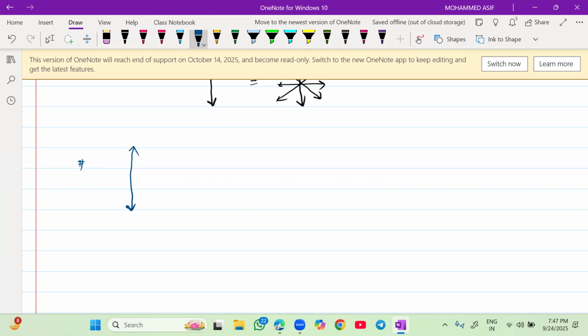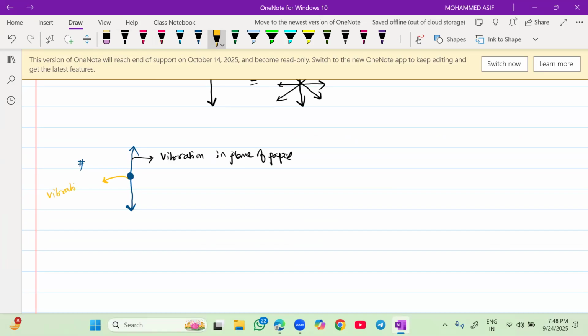This is your unpolarized light, and here there is a dot. This straight line is called what? Vibration in plane of paper. And this dot is what?